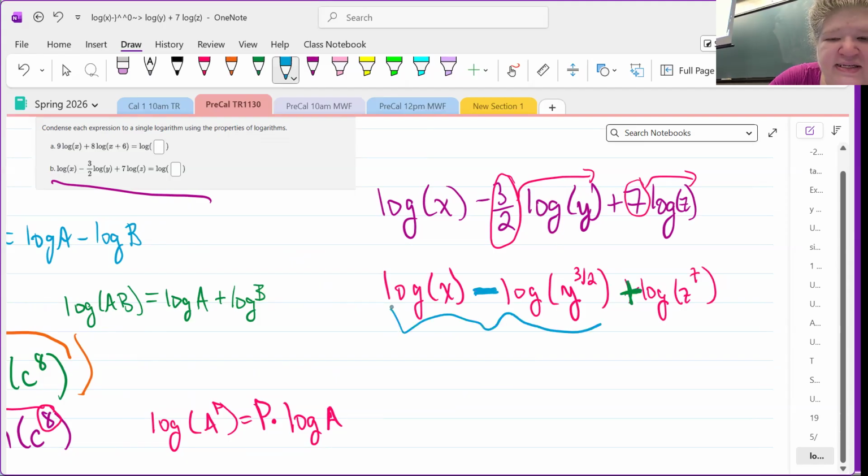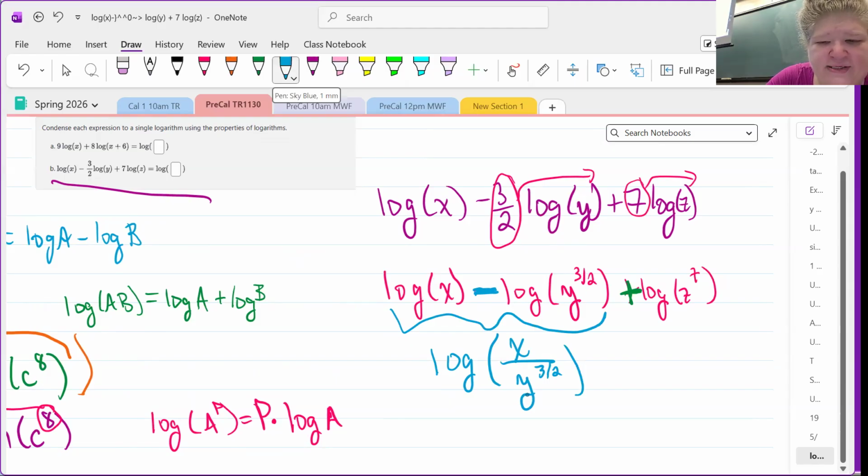So these guys are going to merge together and become the log of x divided by y to the 3/2. So I went from 2 logs to a single log. I went from subtraction, and that changed into a division sign. The positive one divided by the one that was being minused. Yep, because the negative sign is getting represented by the fraction.